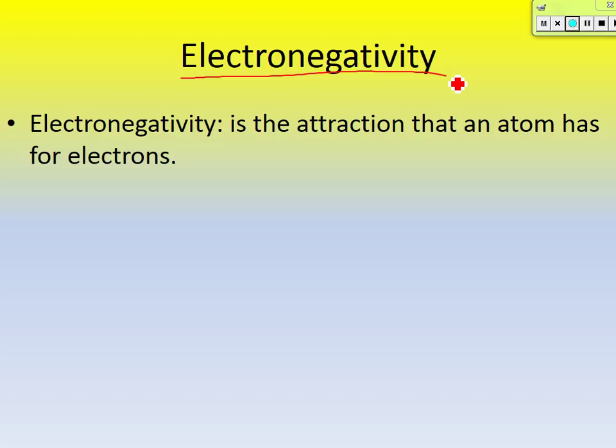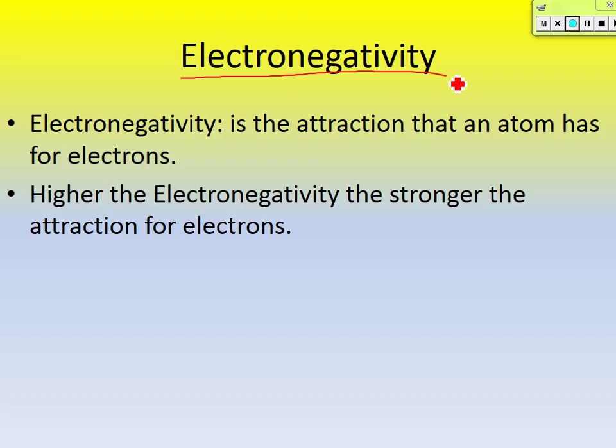So it's a measure of how strongly an atom pulls electrons toward it, toward its nucleus. The higher the electronegativity value, the stronger the attraction for electrons. So the higher that value, the more strongly it pulls electrons toward it.